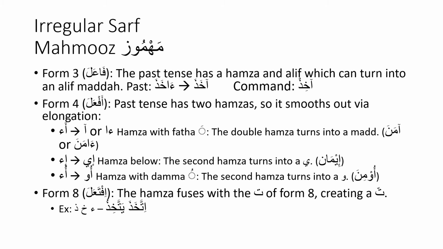So for example, when you have a'mana, right, it'll turn into amana, and you can write it with the alif medda or with the hamza alif. In the second example we have here with the hamza below, it goes from i' to ee. It basically just smooths out with an elongation using common sense, right?